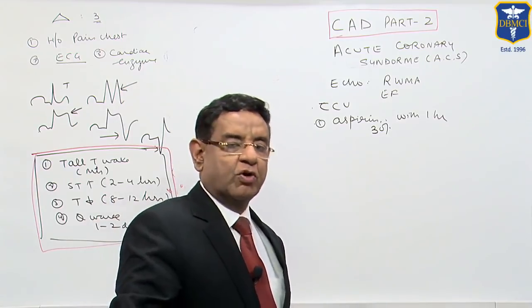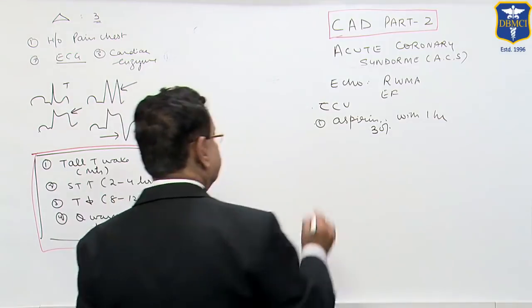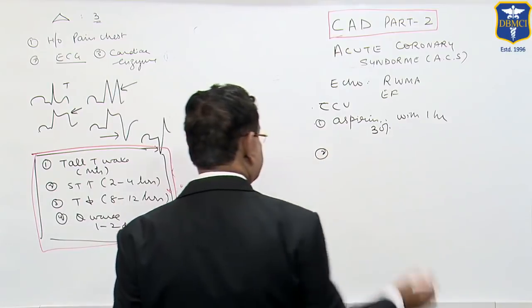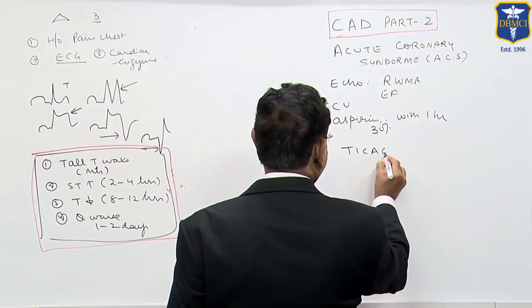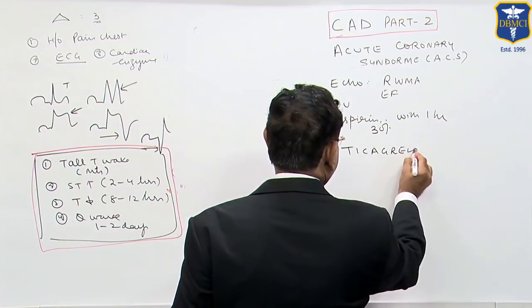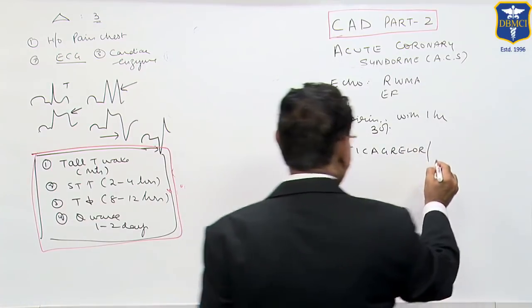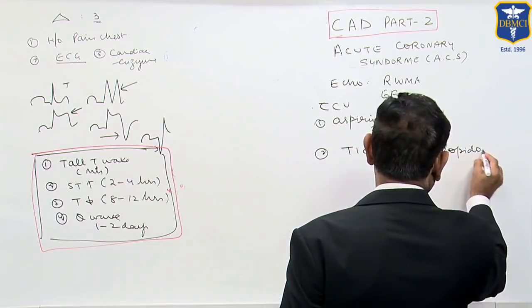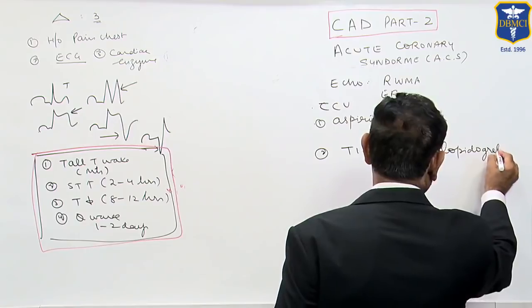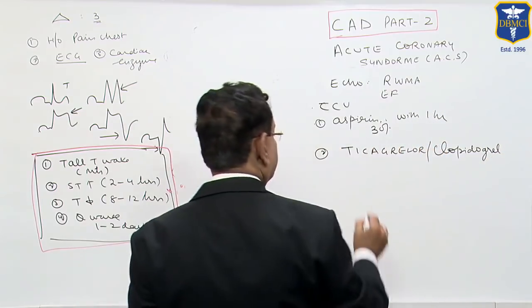And with this we also add a second antiplatelet drug, ticagrelor or clopidogrel, or prasugrel.